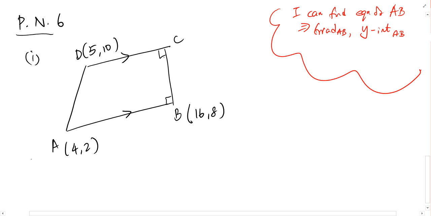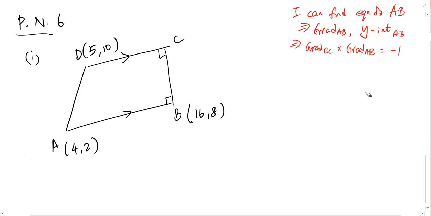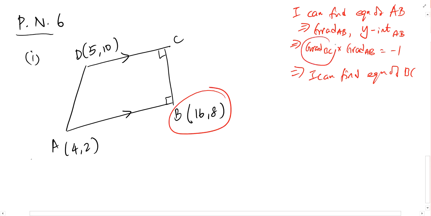And since there is a perpendicular line, BC over here, it means that I can find the gradient of BC. Gradient BC times gradient AB equals to -1. Since I know the gradient of BC, I can find equation of BC. I can find equation of BC because I have one point and I have the gradient.